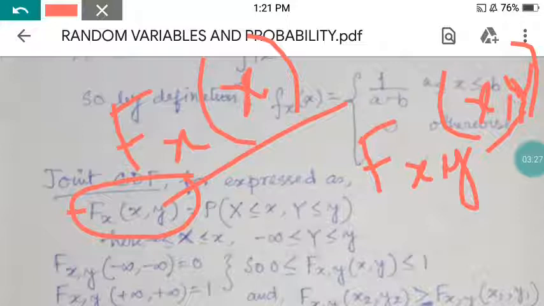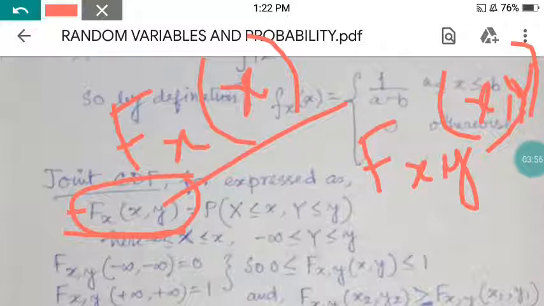But if you write F of x alone, it is a single-valued CDF where y is null. Here x falls in the range of minus infinity to x, and y falls in the range of minus infinity to y. So this joint CDF can be expressed in this way.